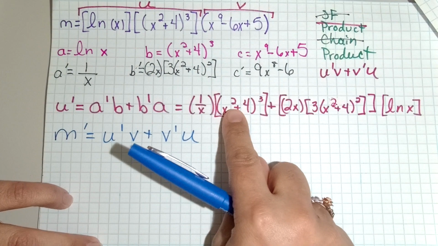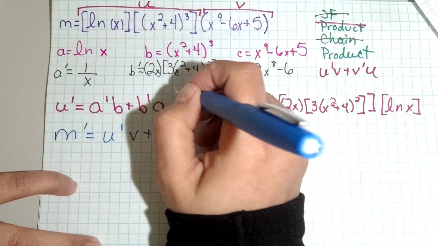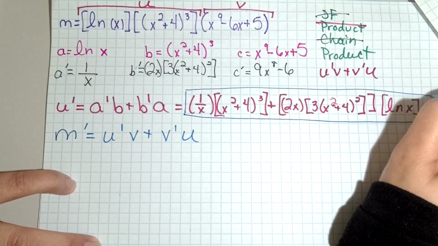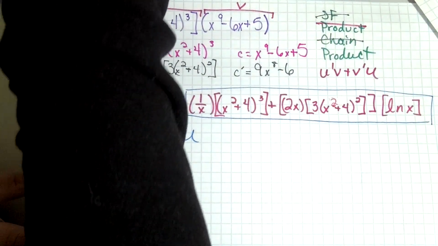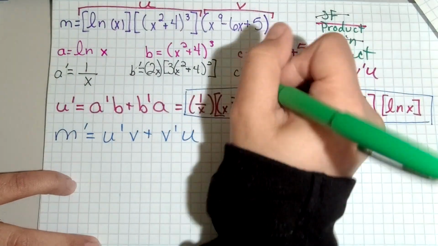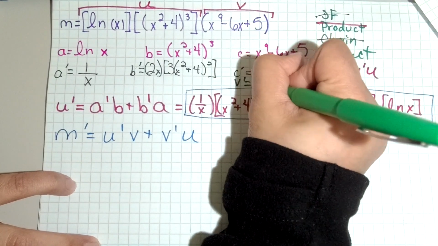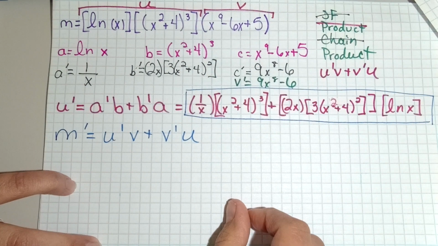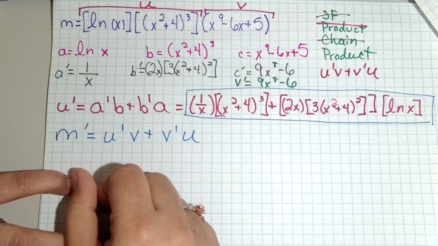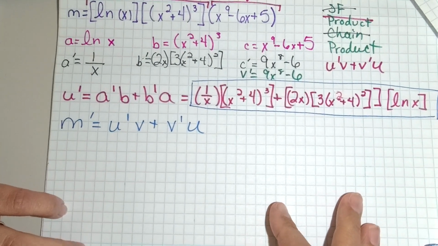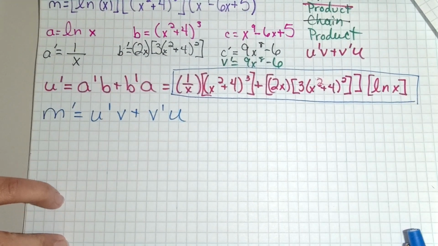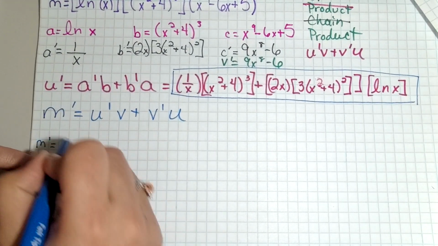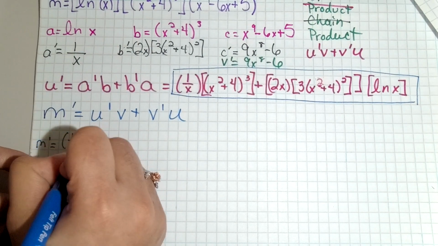So, again, all of this is U prime. Do I have V prime already? What is V prime? C prime. V prime is C prime. So now I can just put in all of the expressions into my formula. All right, here we go. M prime is equal to 1 over x.